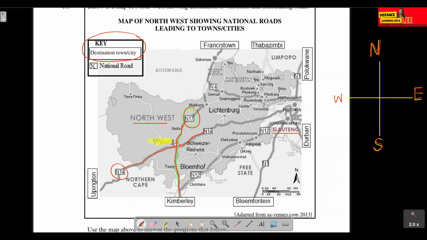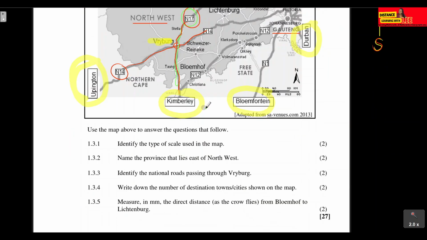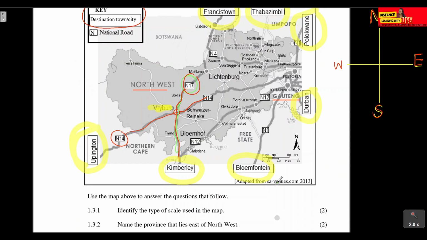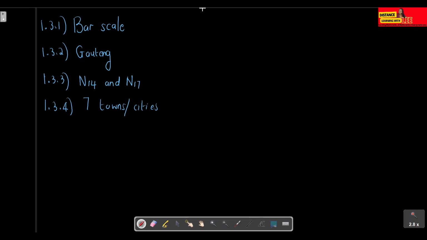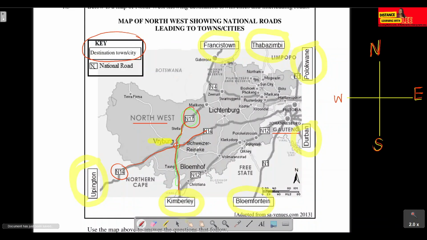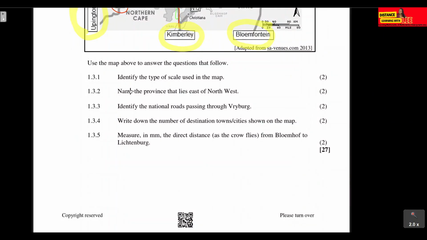We've got 1, 2, 3, 4, 5, 6, 7. In total we've got 7 towns or cities that are shown on the map. I'm going to write that down.